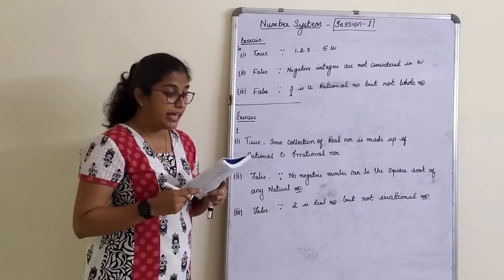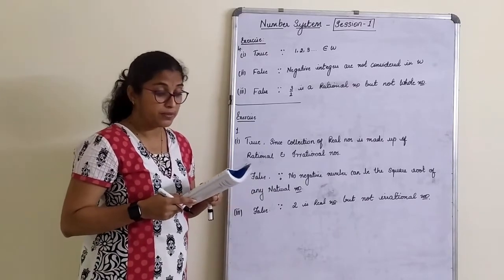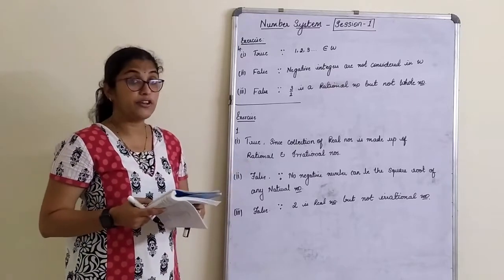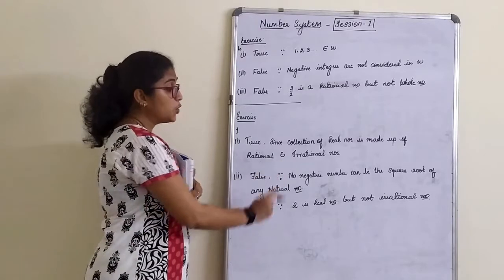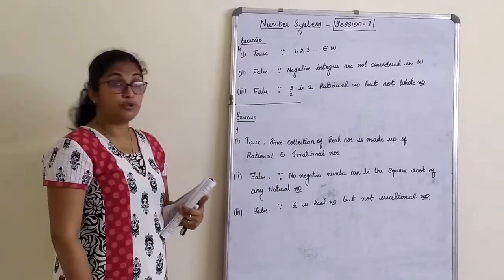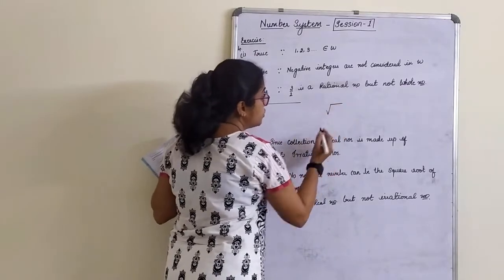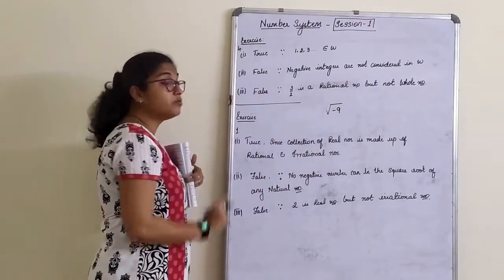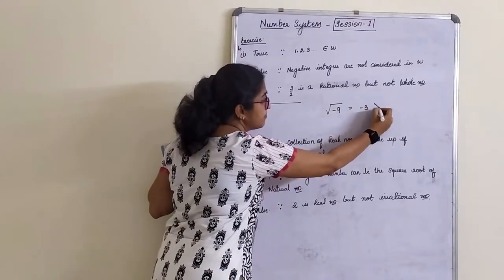Next one, every point on a number line is of the form square root m, where m is a natural number. So it is difficult to understand, but actually it is false. Why? Because no negative number can be the square root of any natural number. What do you mean by this? So no negative number can be a square root of any natural number. Root of minus 9 is not equal to minus 3.